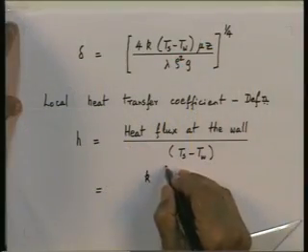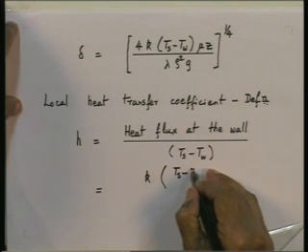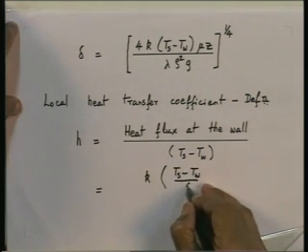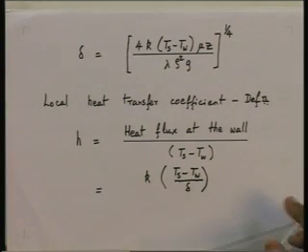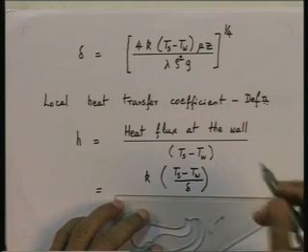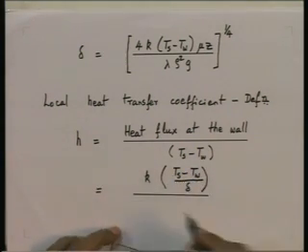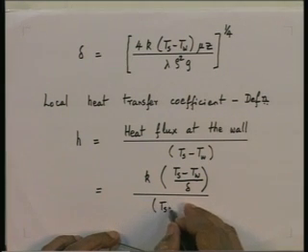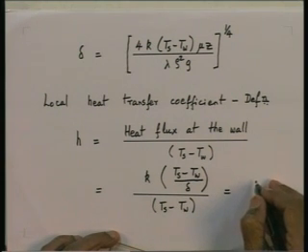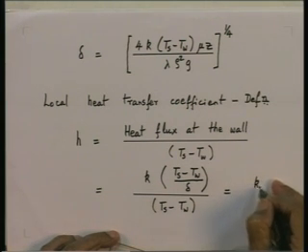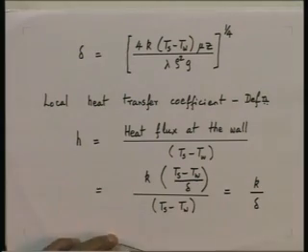So, the heat flux at the wall is nothing but k (T_s minus T_w) divided by delta, because we have a linear temperature profile, and that is to be divided by T_s minus T_w. So, the expression for h simplifies to nothing but k divided by delta.